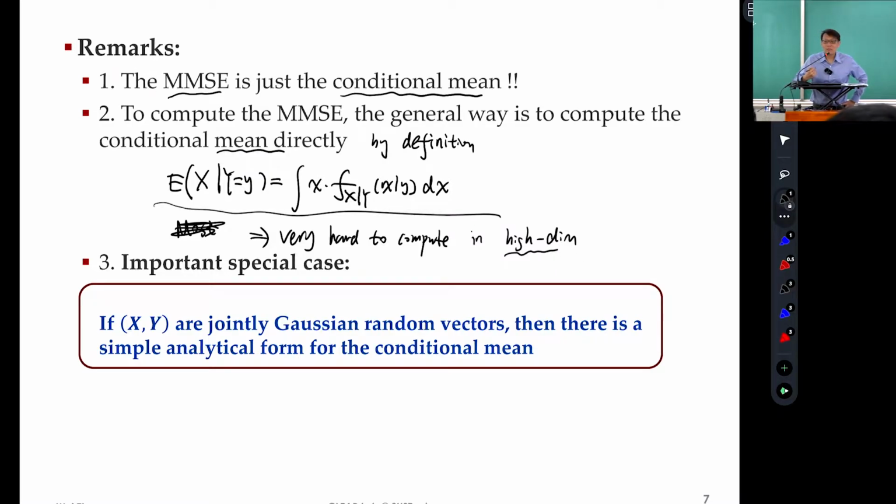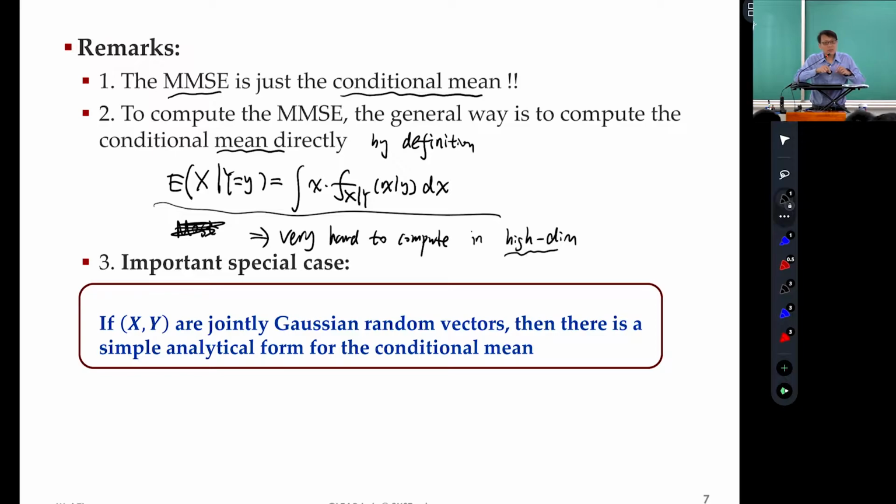I'm not sure whether you have done this before or not. If I ask you to integrate a function in 10-dimensional space, if you don't have a closed form solution, it will be really hard. How do you integrate some very complicated function?